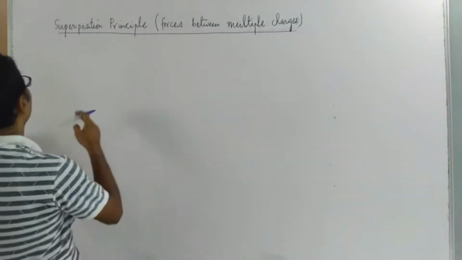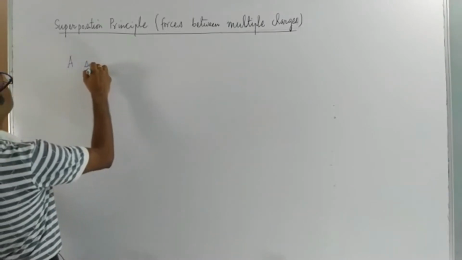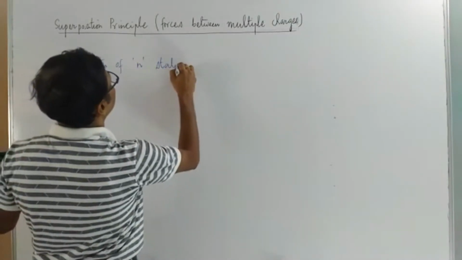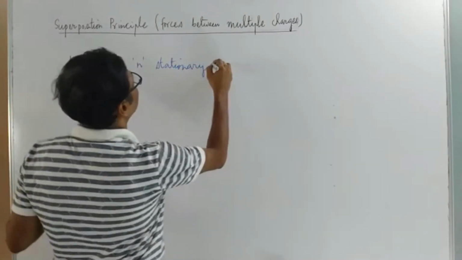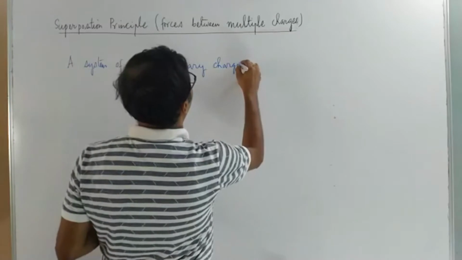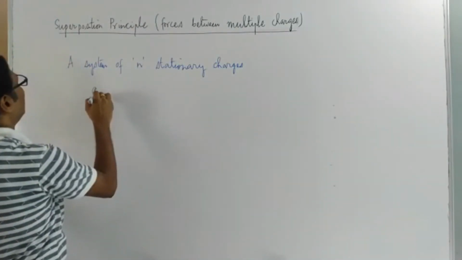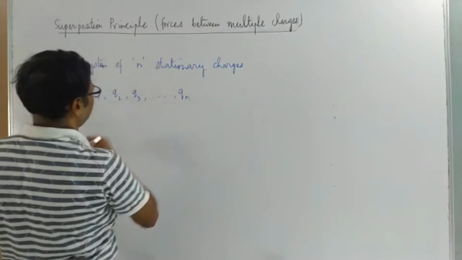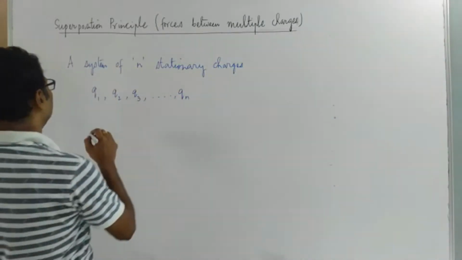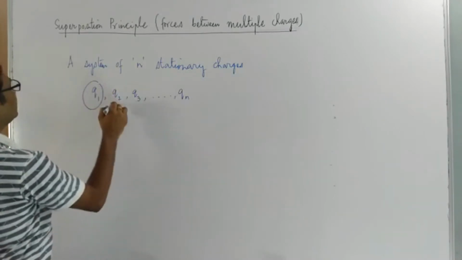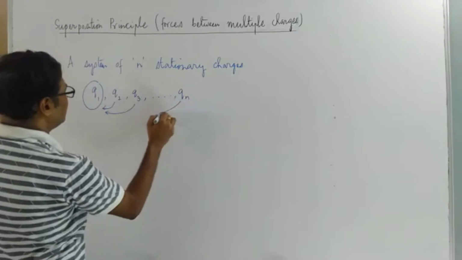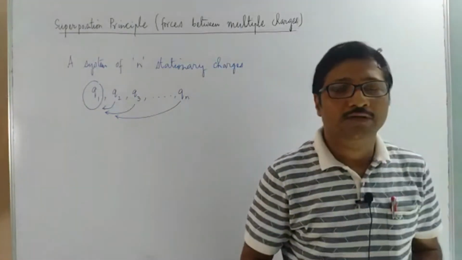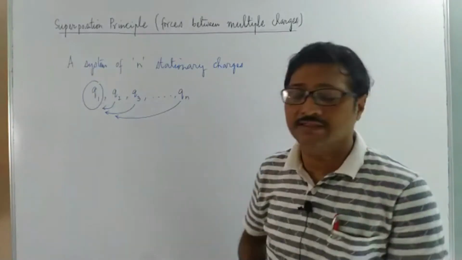If I now have a system of n stationary charges, given as Q1, Q2, Q3 up to Qn, and you want to calculate the force acting on Q1 due to all other charges, then Coulomb's law of electric force alone cannot give you the answer.